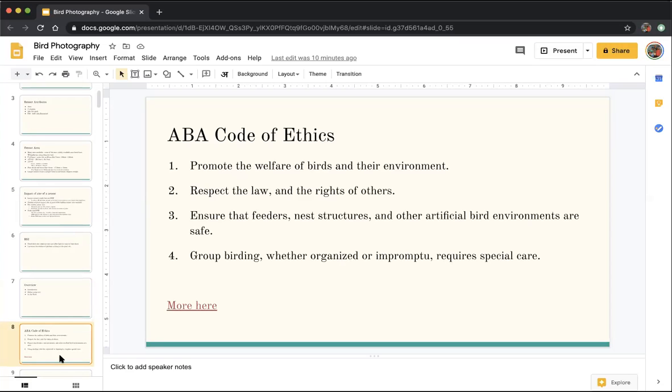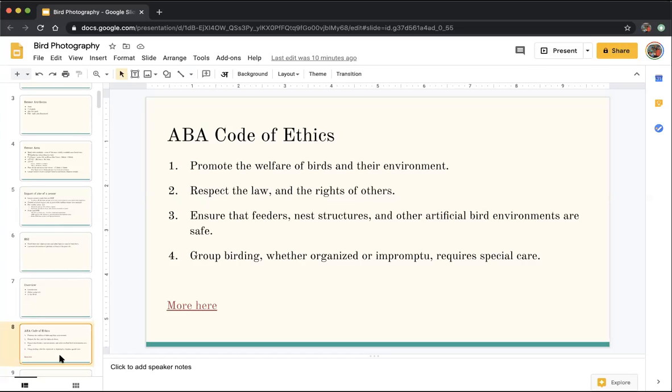So for instance, I know over here, when people post pictures on Facebook or other media in groups, especially birding or photography oriented groups, sometimes they post pictures of nests, or they specify exact locations of some birds, such as say a burrowing owl. Burrowing owls are popular, for whatever reason, for people to go and see and take pictures of.